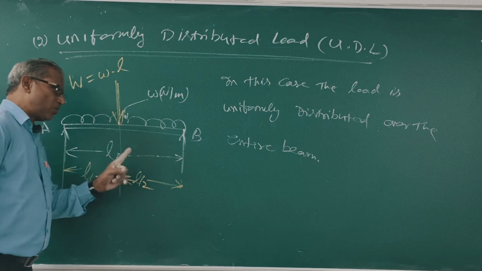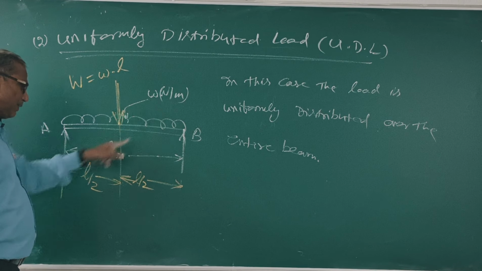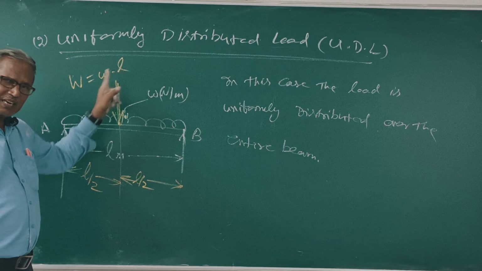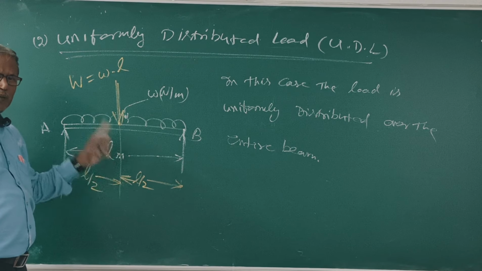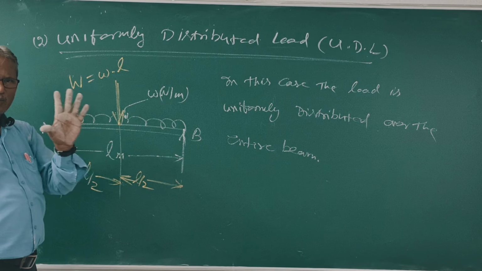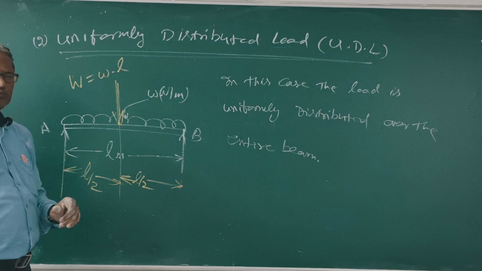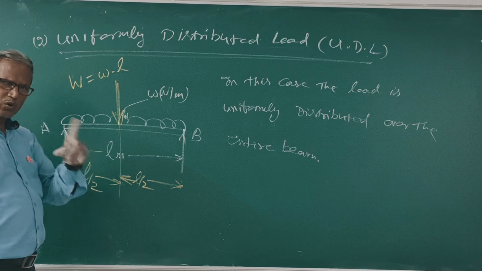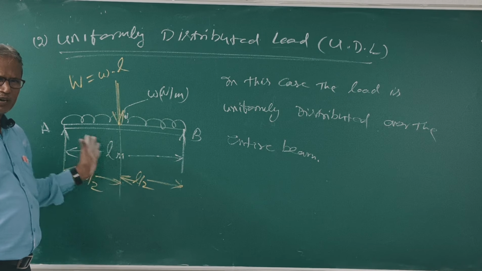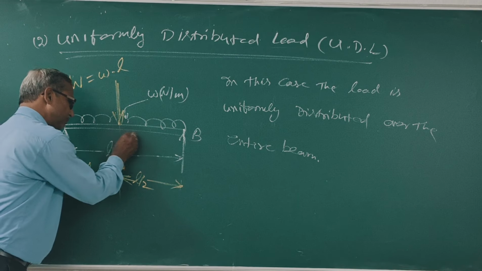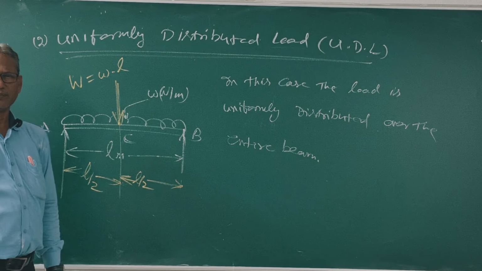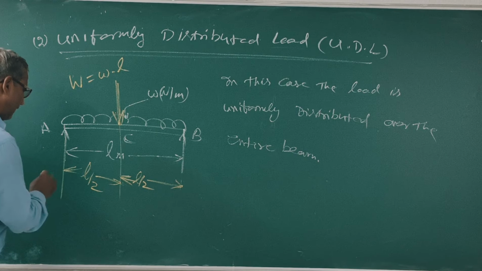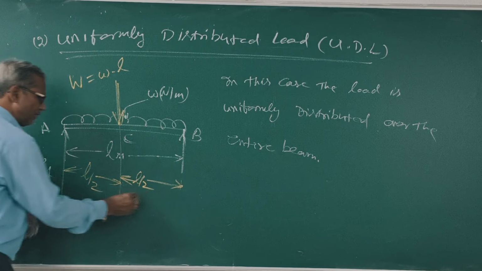The total load is found by multiplying the UDL with length, that is w into L, and acting at the CG of the beam. CG means for length L, the CG is L by 2. Clear? The load acting at length L, so it's half, L by 2, L by 2. This is point C. Clear? Now we'll calculate what is RA, what is RB.